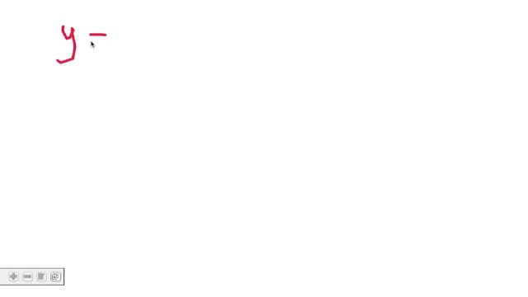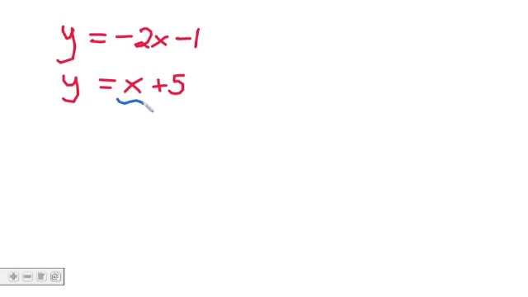We have y equals negative 2x minus 1 and y equals x plus 5. All right, now again, both of these are easy to see that they're y equals something. You can pick whichever quantity you want to use. I'm going to go ahead and pick this quantity to plug in just because it has fewer numbers.